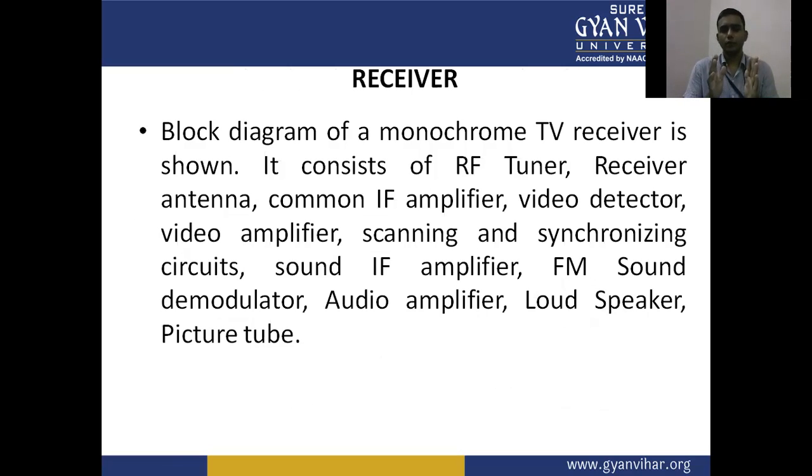The block diagram of a monochrome TV receiver shown in the figure consists of the RF tuner, receiver antenna, common IF amplifier, video detector, video amplifier, scanning and synchronizing circuits, sound IF amplifier, FM sound demodulator, audio amplifier, loudspeaker, and the picture tube.